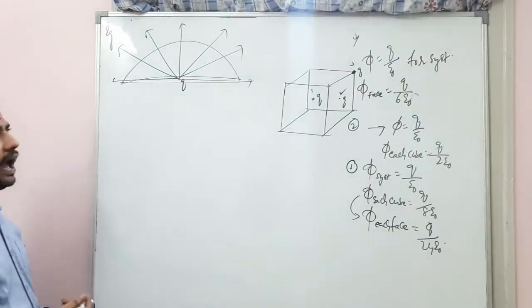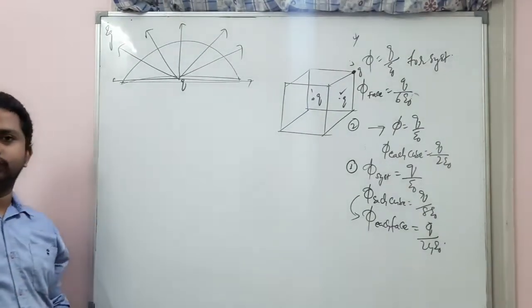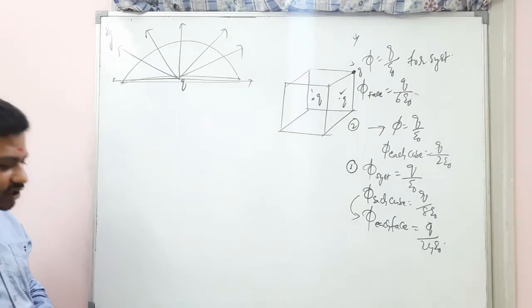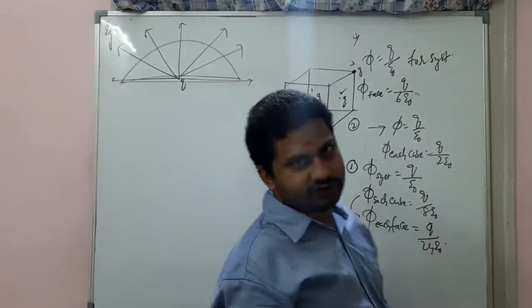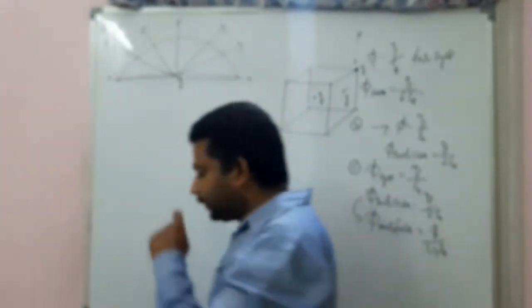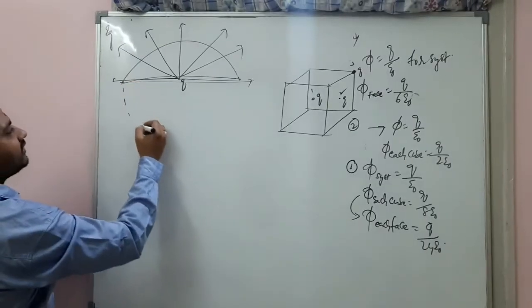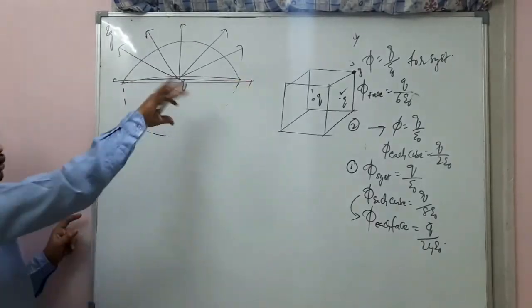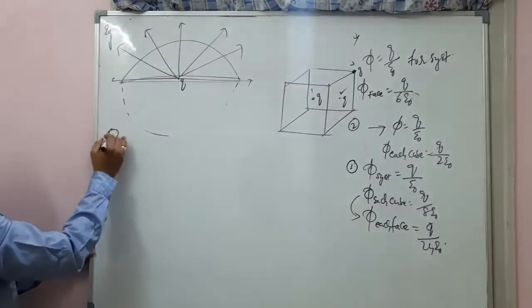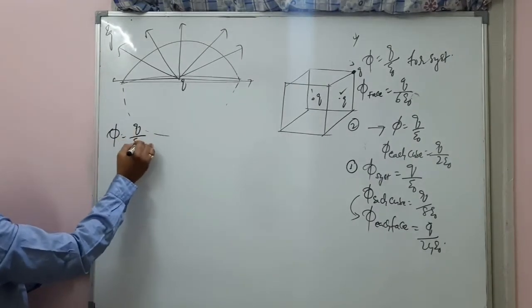Actually, this surface is not closed. There is no Gaussian surface. A Gaussian surface must be a closed surface. Now, we have to imagine a Gaussian surface here and close it. Then the flux linked with the Gaussian surface is Q by epsilon naught.